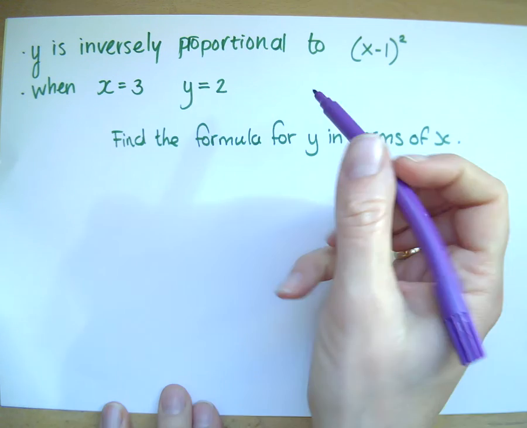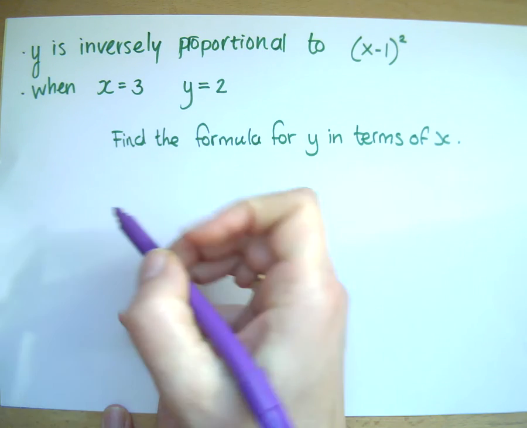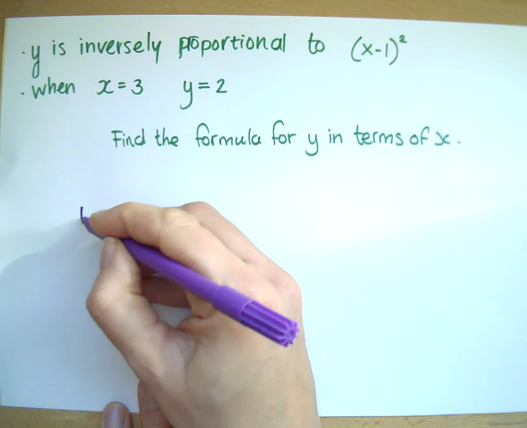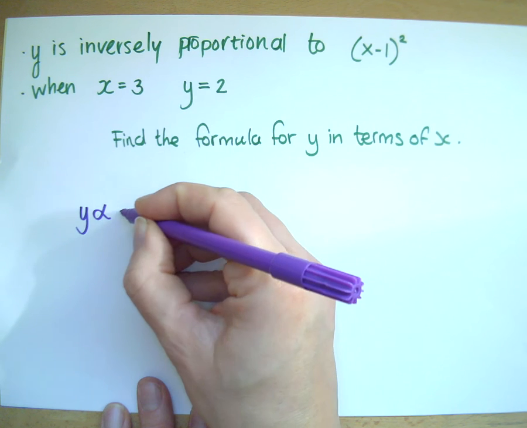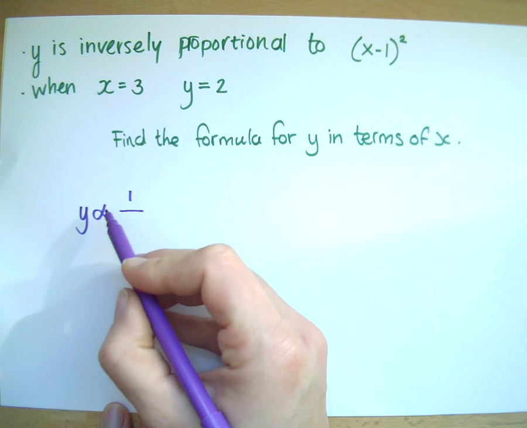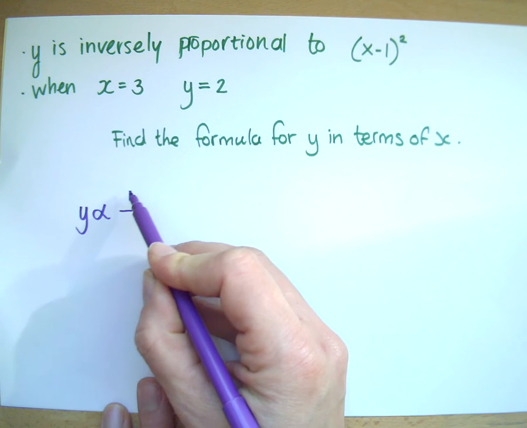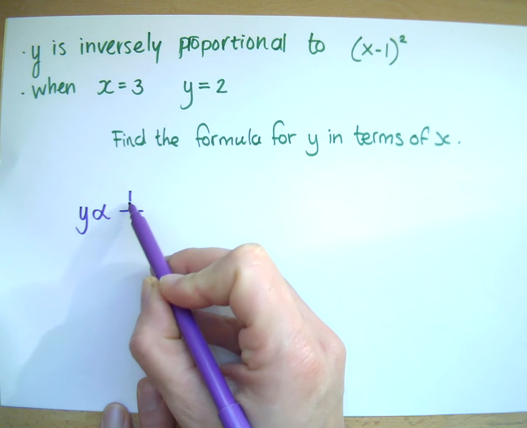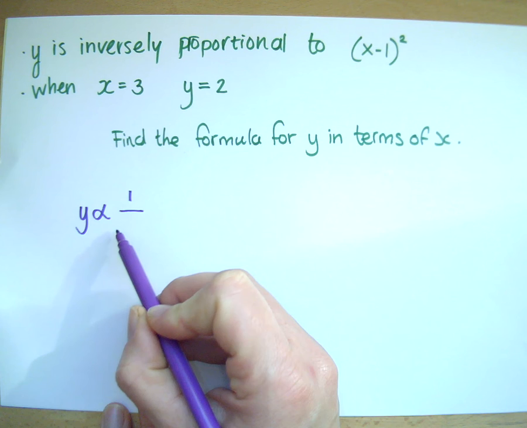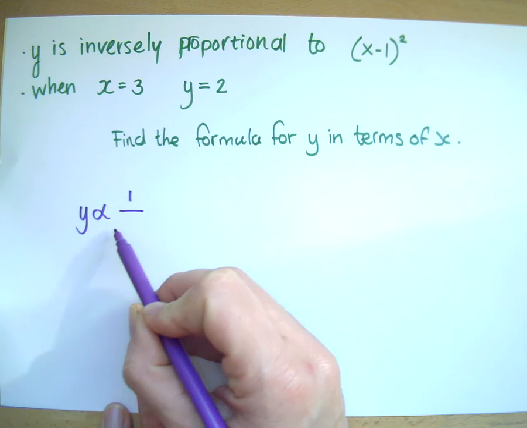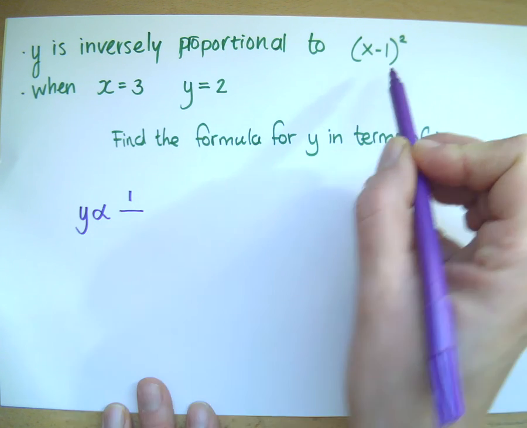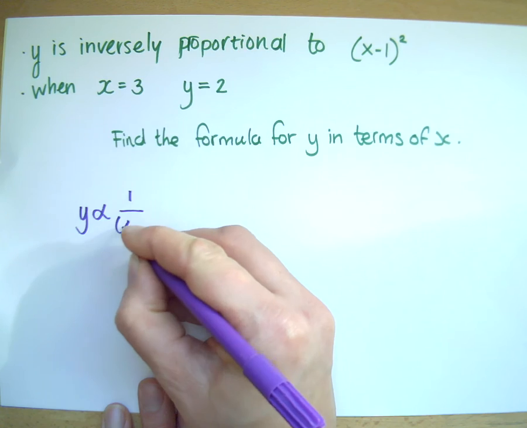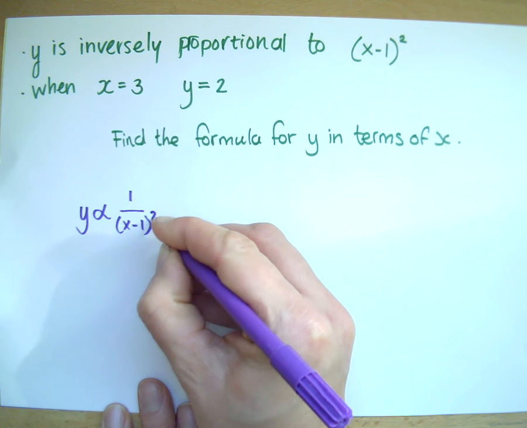This is a sentence, we can summarize it by saying y is inversely proportional to, which means, because we said inversely proportional to, we write the 1 over and put whatever it's inversely proportional to as the denominator here. It's inversely proportional to x minus 1 squared.